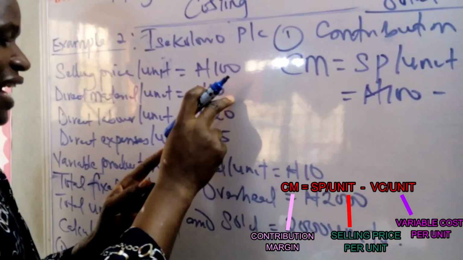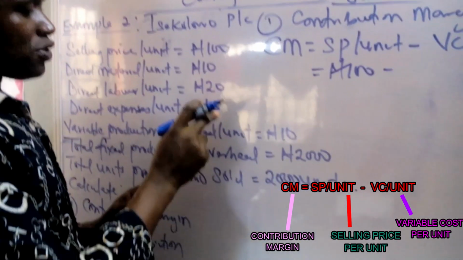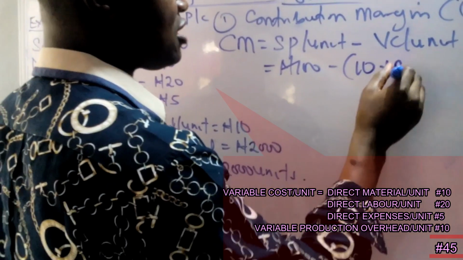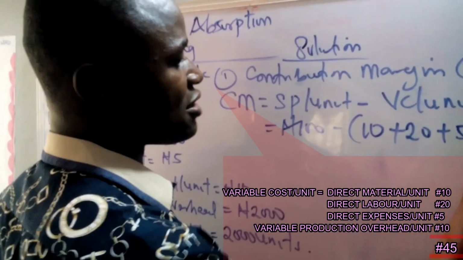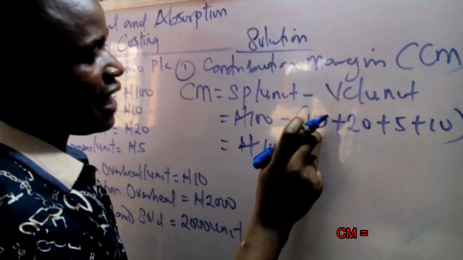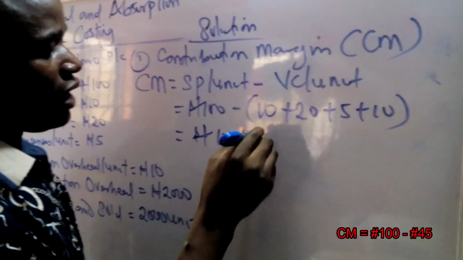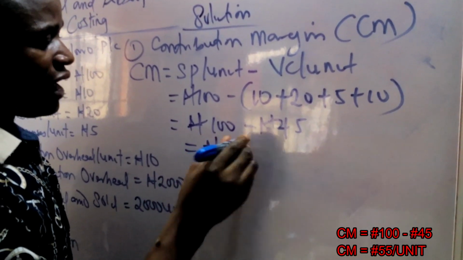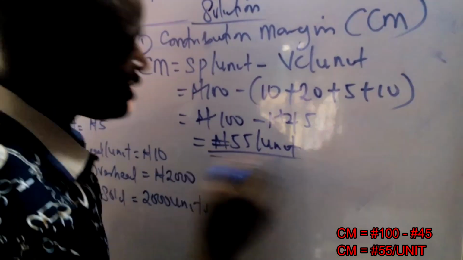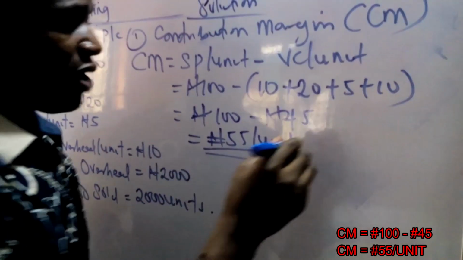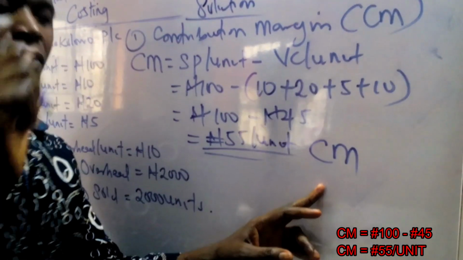It is 10 naira plus 20 plus 5 plus 10. That will be 100 minus 10, 30, 35, and 45. That will give us 55 naira. This is our contribution margin, contribution per unit sold.